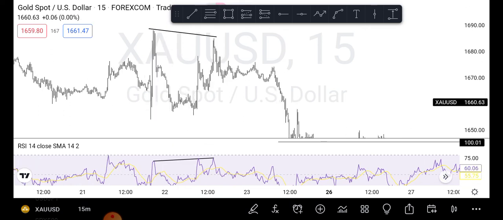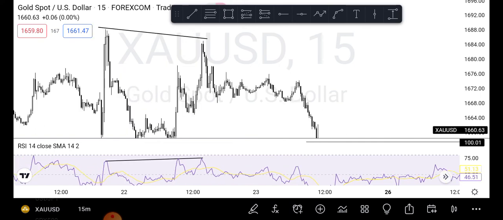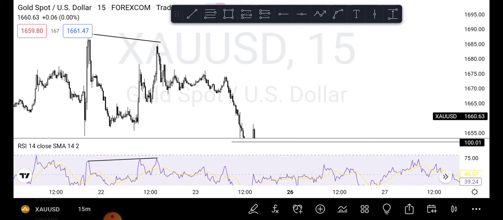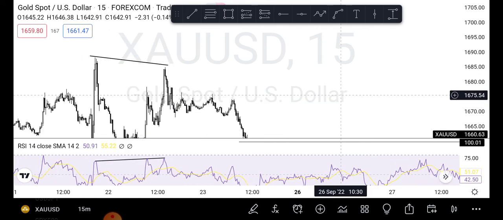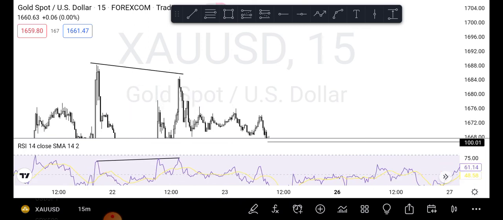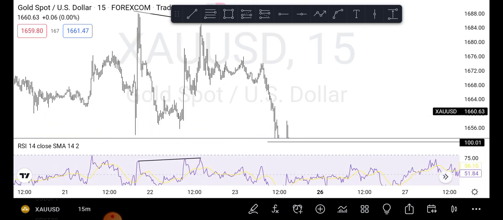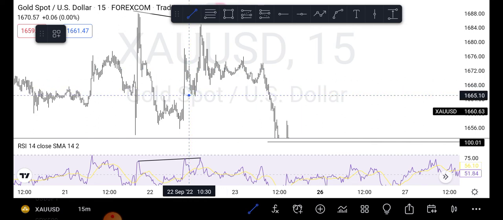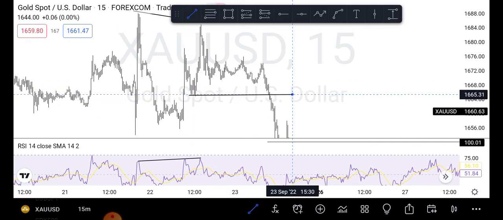So as traders, we can just say, okay, since this is where the divergence forms, we look for price to go below the previous low, right?